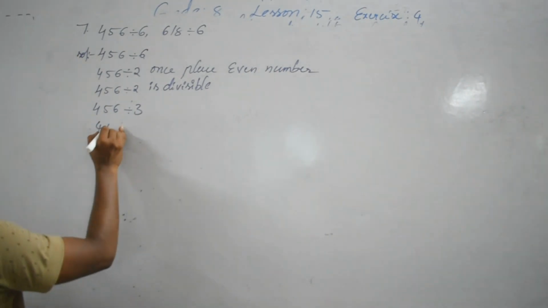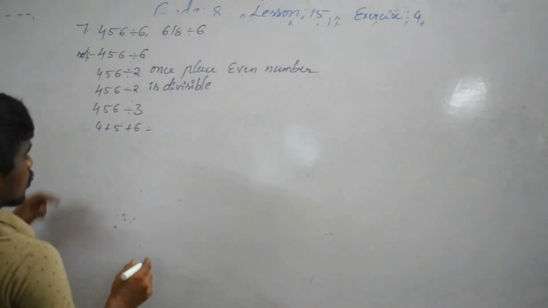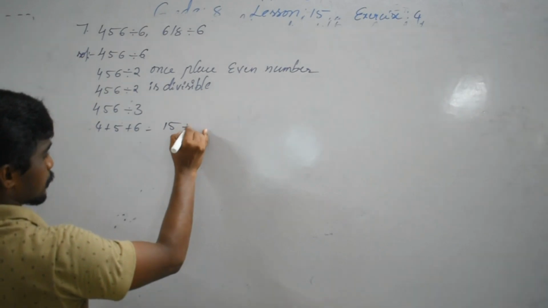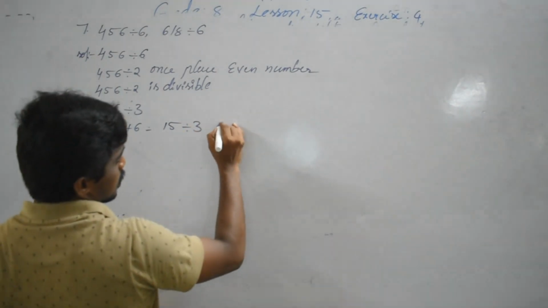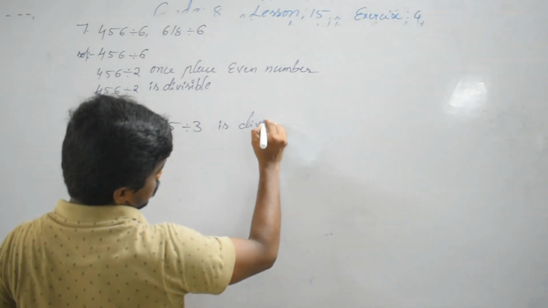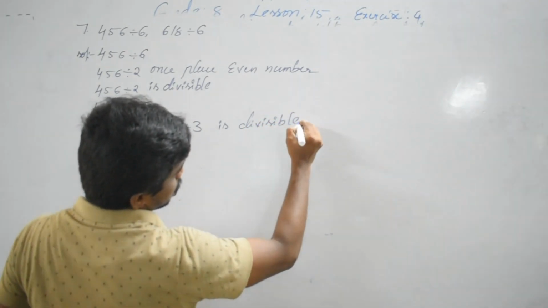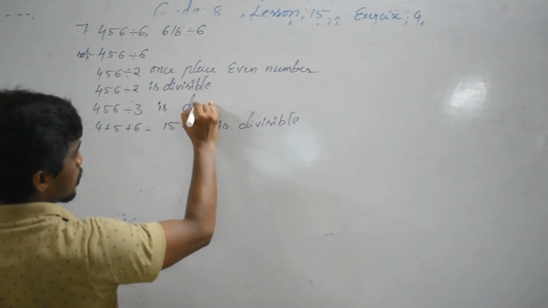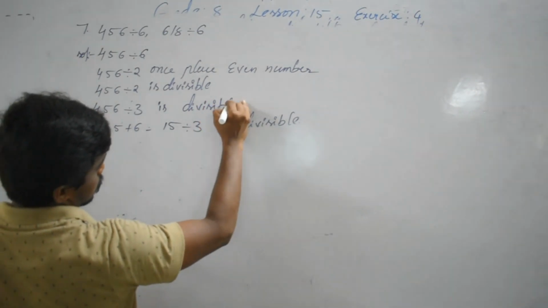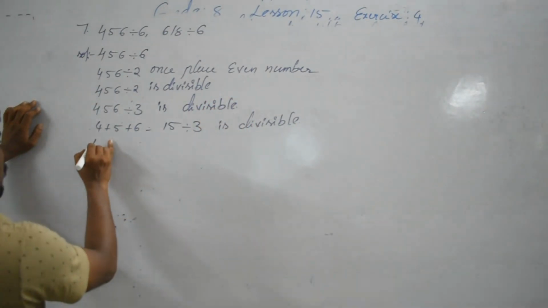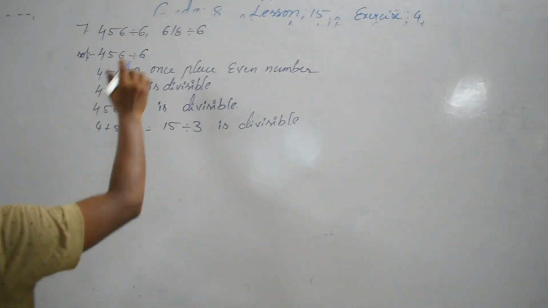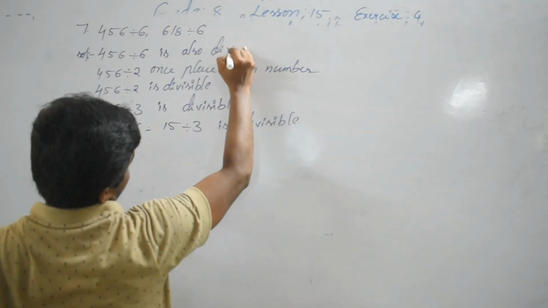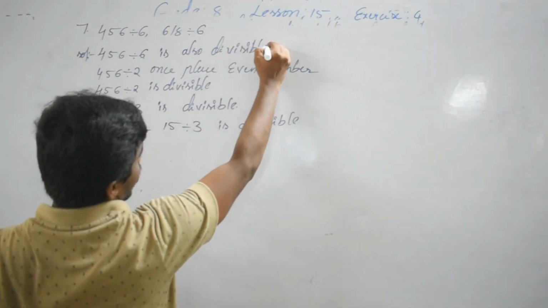So 4 plus 5 plus 6. 4 plus 5, 9. 9 plus 6, 15. 15 divided by 3 is divisible. So 456 is divisible by 6 also. Clear?